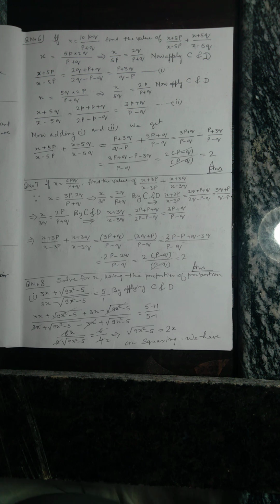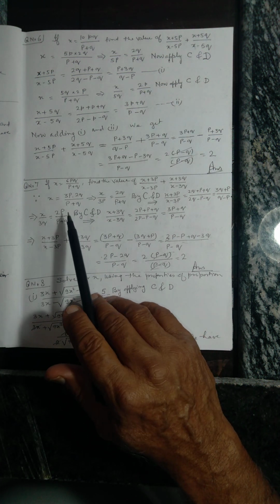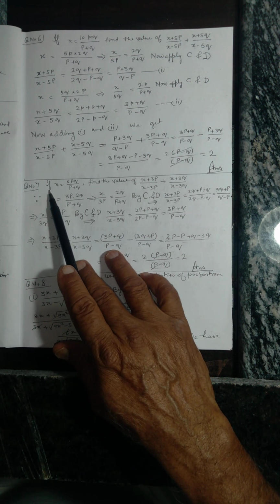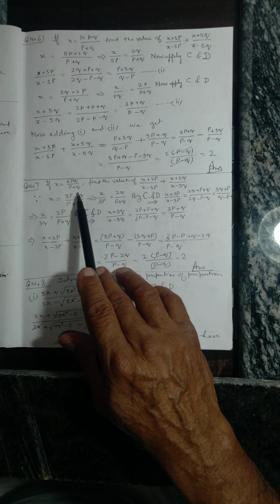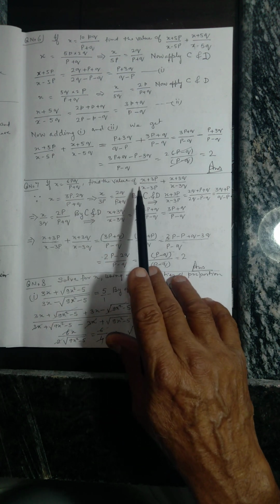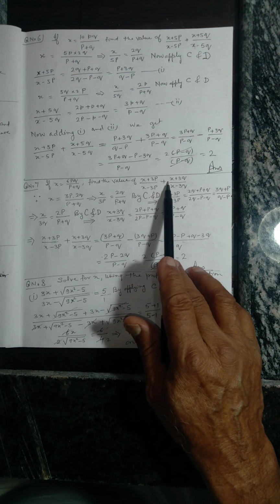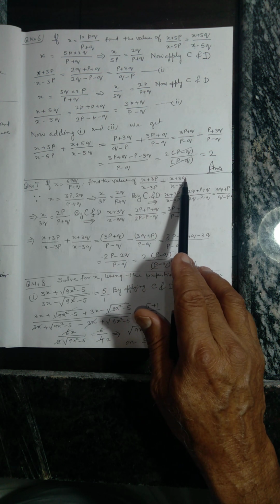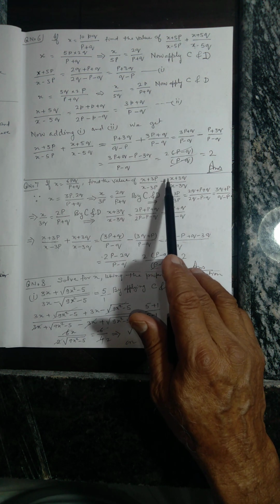So let us proceed. Question number 7. If x = 6pq/(p + q), find the value of (x + 3p)/(x - 3p) + (x + 3q)/(x - 3q). We have to find the value of this.